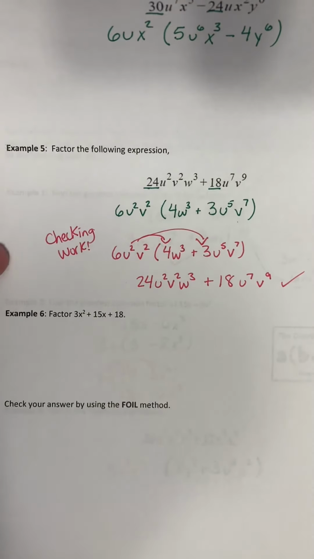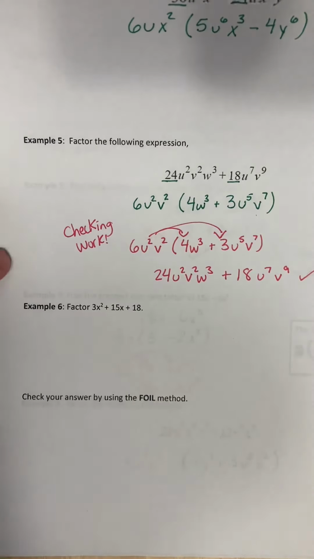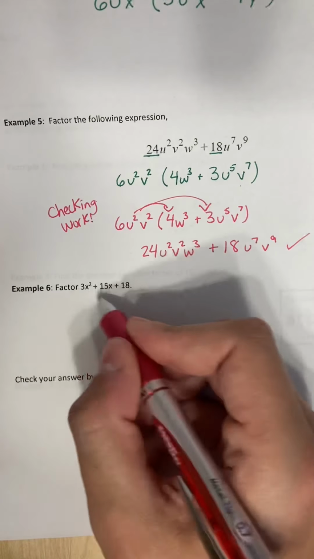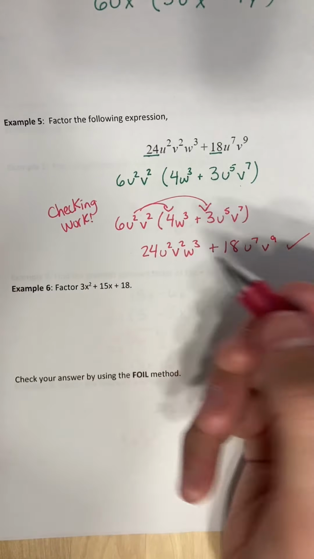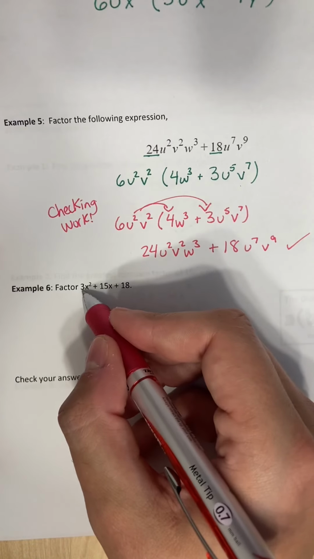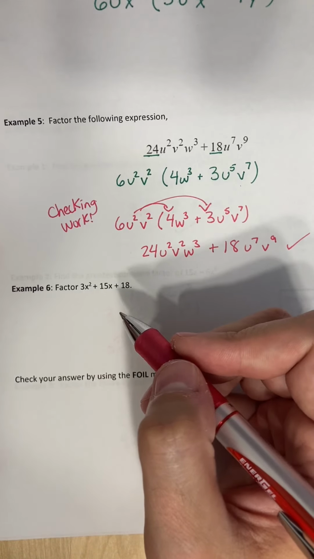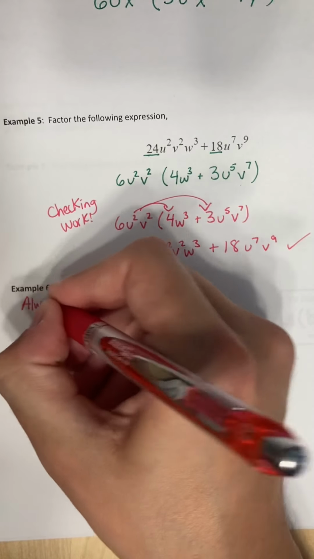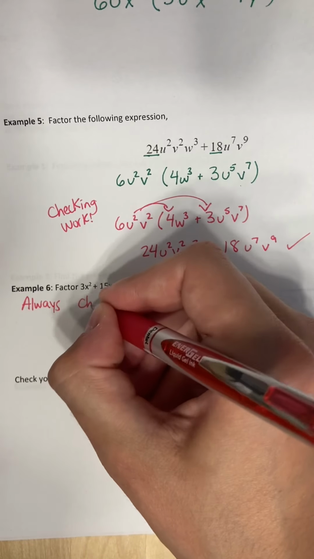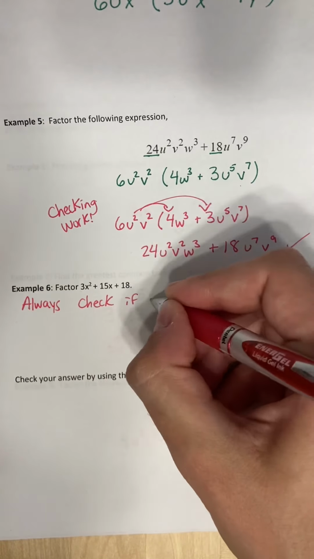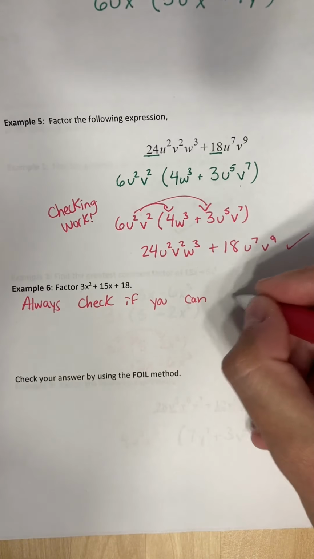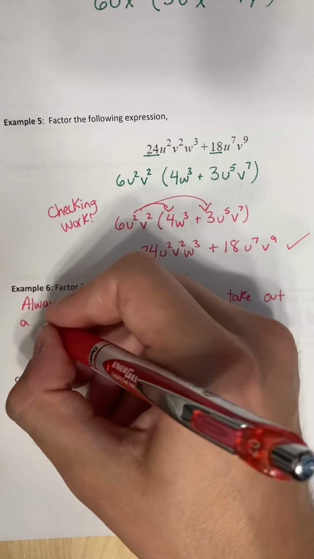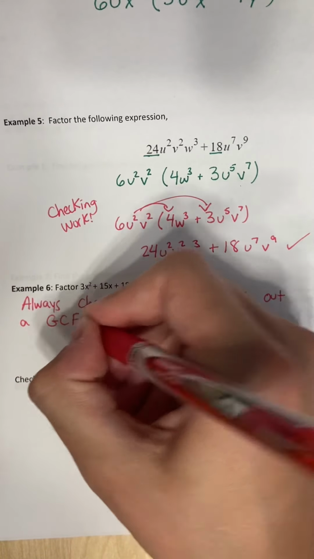All right, so let's take a look into why we've been doing this. So we're gonna run into cases where we have to factor with a not just being 1. So what you want to do first, always, check if you can take out a greatest common factor.